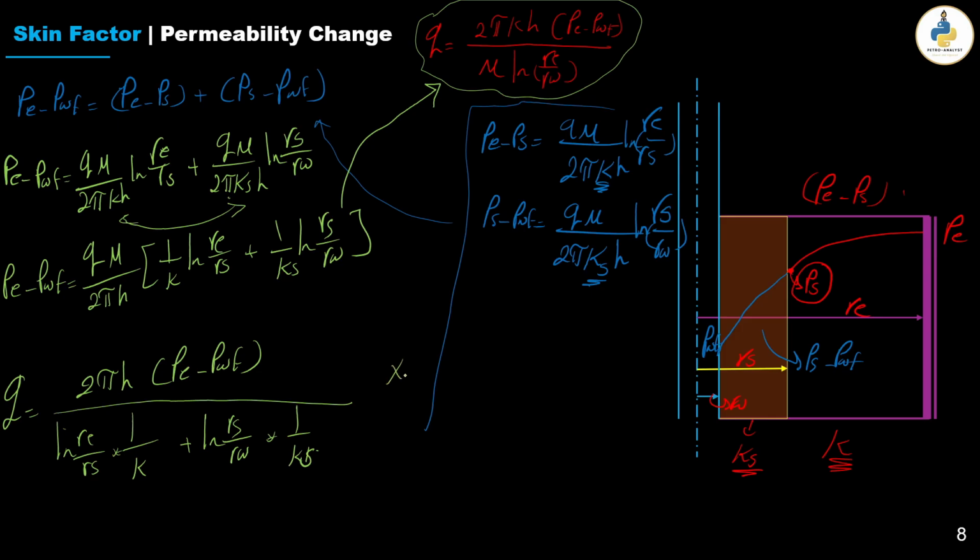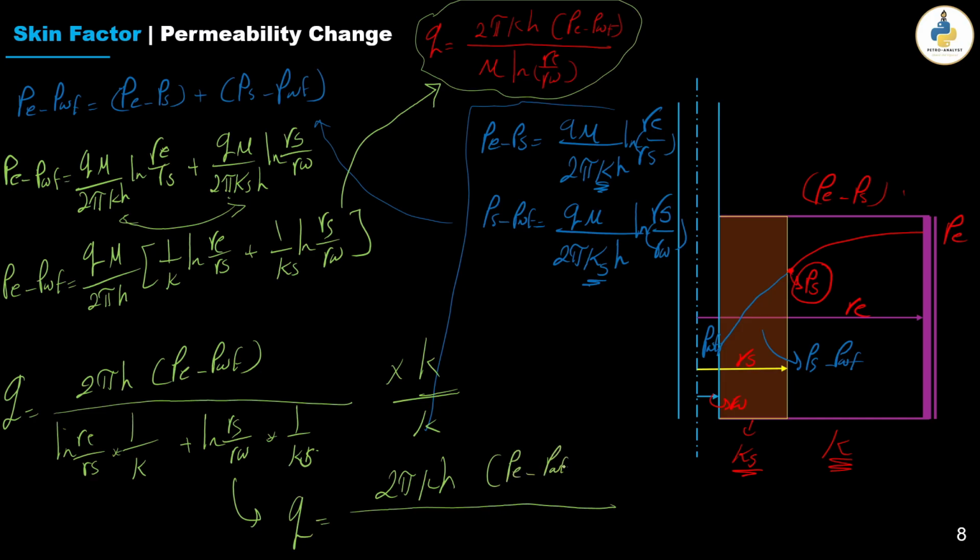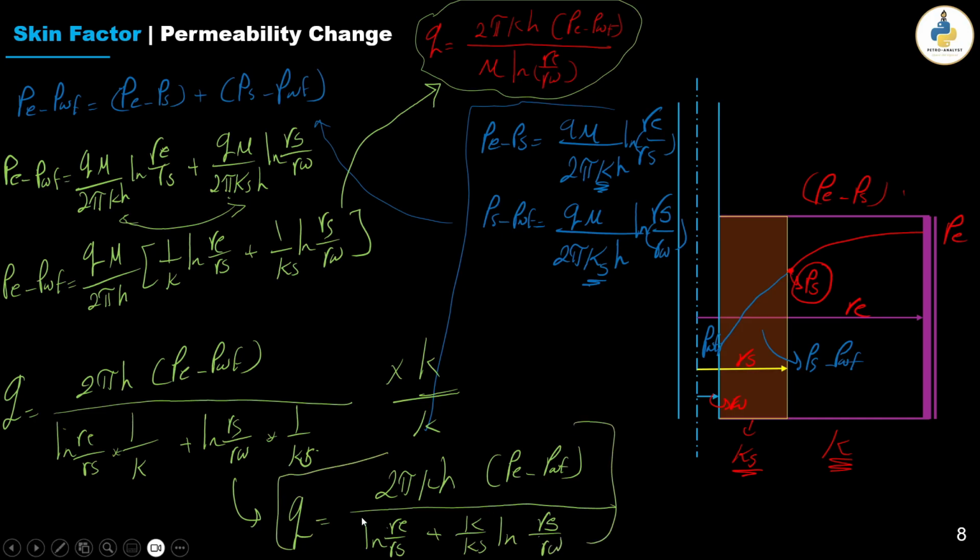We can actually multiply by K both in the upper and the lower side to make it more like Darcy's law. So Q is going to be 2 pi KH, PE minus PWF over ln RE over RS plus K over Ks ln RS over RW. So this will be our final equation.